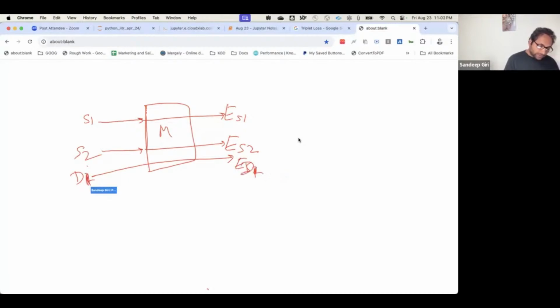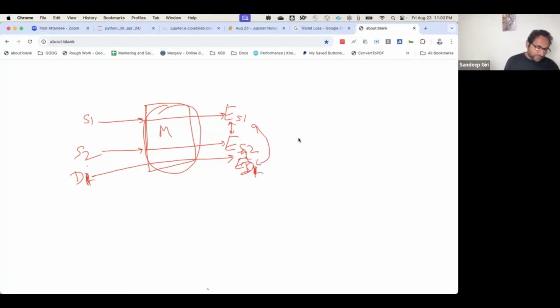So the problem statement is to come up with that model, that bunch of knobs, such that these two are as close as possible, and this or this should be as far as possible.